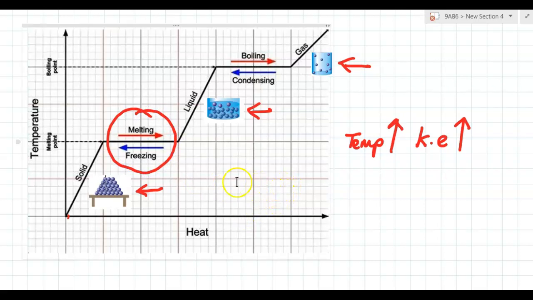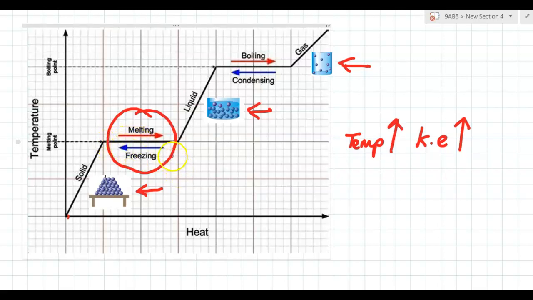The key idea here is, if we were warming up an ice cube, let's say we got an ice cube out of the freezer at -10 and left it on the side, it would warm up, warm up. It's ice, it's ice. And when it got to 0 degrees C, then the particles would start to move away and change positions, and we say that the ice is melting.